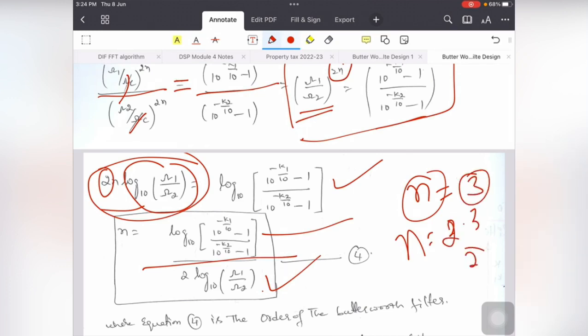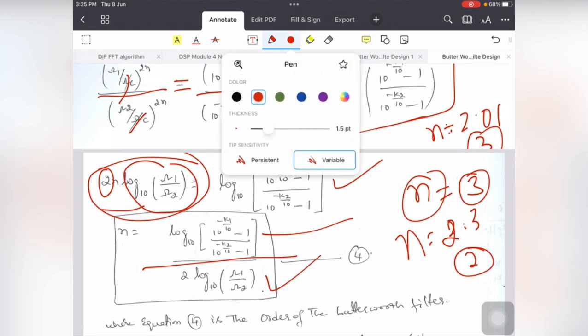Don't select n is equal to 2, because whenever you get a non-integer value, you always choose the higher value and round up to the next integer. Suppose you get n is equal to 2.01, we can still consider n as 3. Don't take 2.01 as 2. Even if it is 2.001, you always choose the higher value of n. So equation 4 gives the expression for the order of the filter.